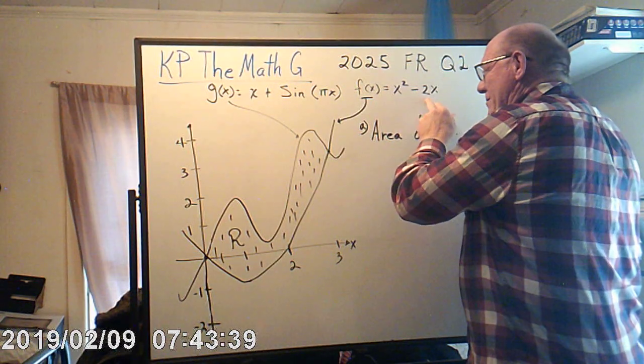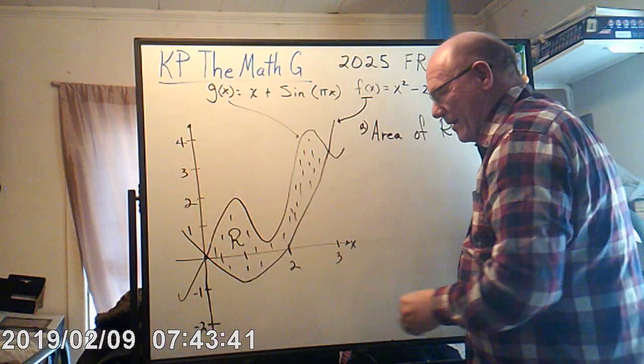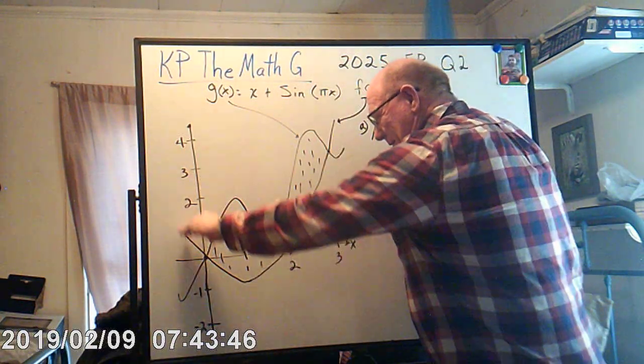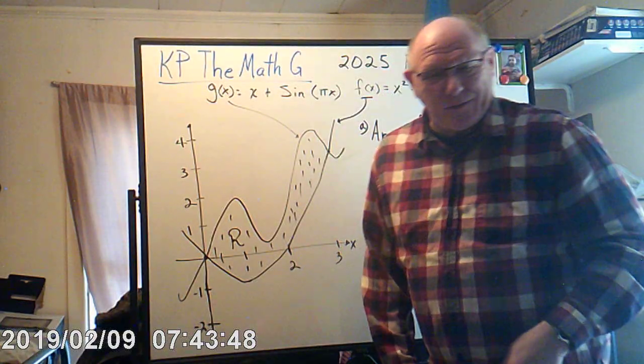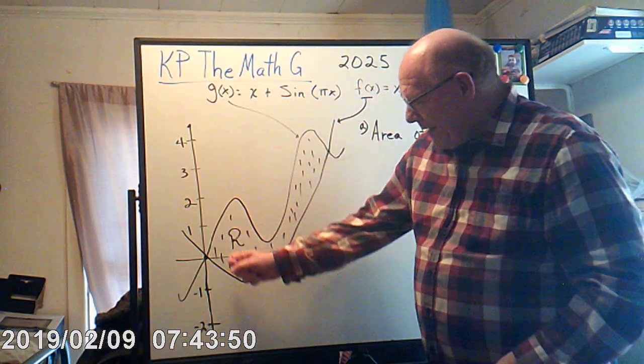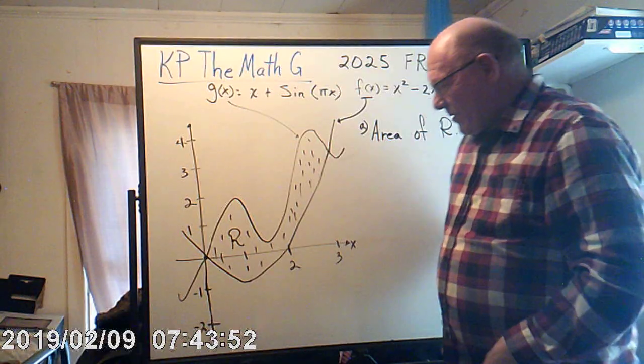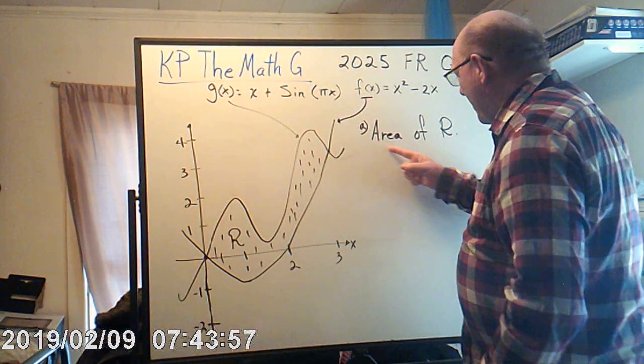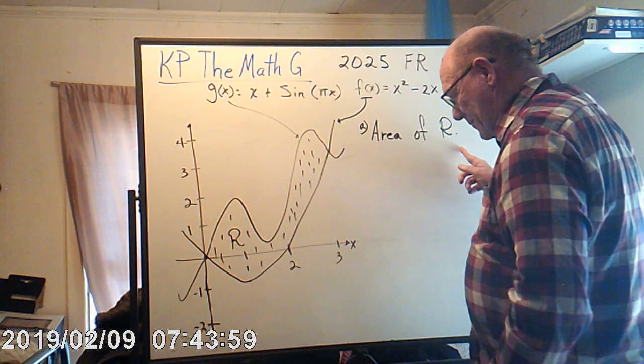F at x is x squared minus 2x. So the top function is g, the bottom function is f. The region in here is R. So what we're going to do is find the area of this region.